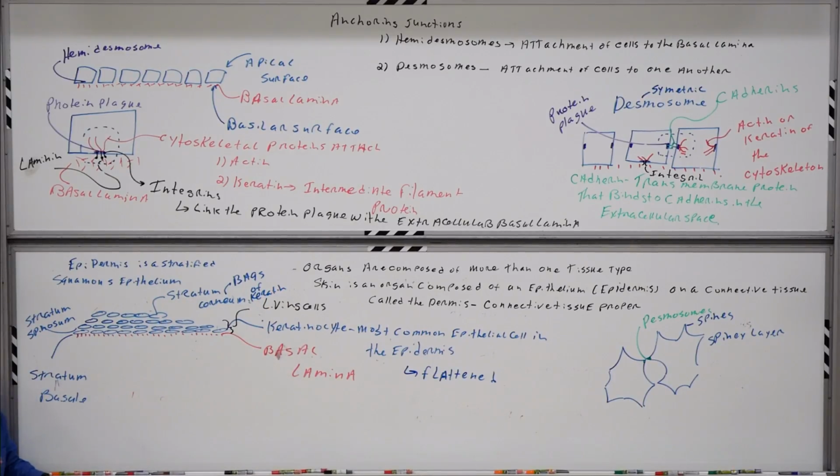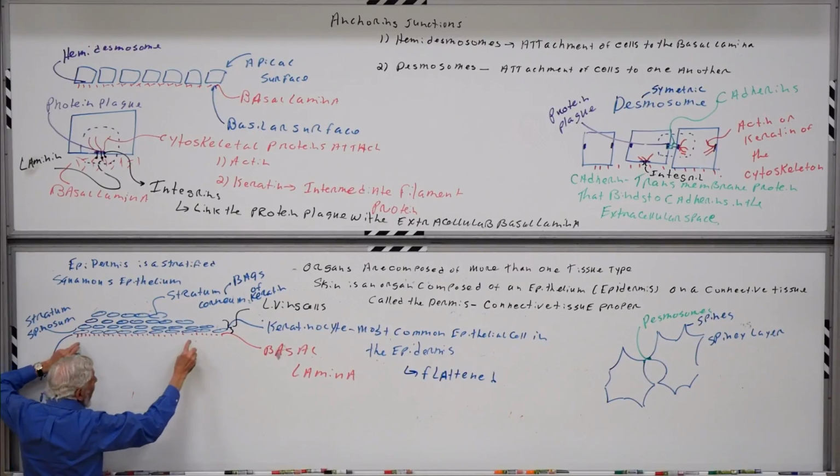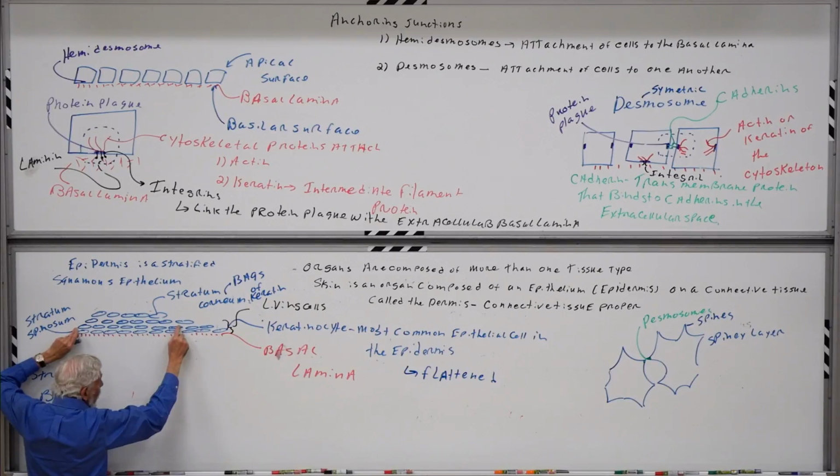So when you look at your skin, what you're looking at basically are dead cells on the surface. The phospholipid bilayers are mostly gone, and you're looking at a layer of keratin. But the only living cells that are in the skin are those in the stratum basale and the stratum spinosum.